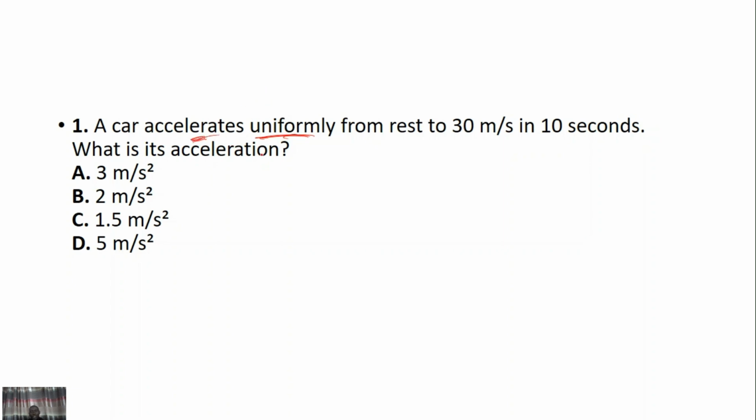Okay, so this body is having uniform acceleration. Now, they said it starts from rest, meaning that u is equal to 0. Anytime a body starts from rest, u is equal to what? 0. And the velocity increased to 30 meters per second, meaning that v is equal to 30.